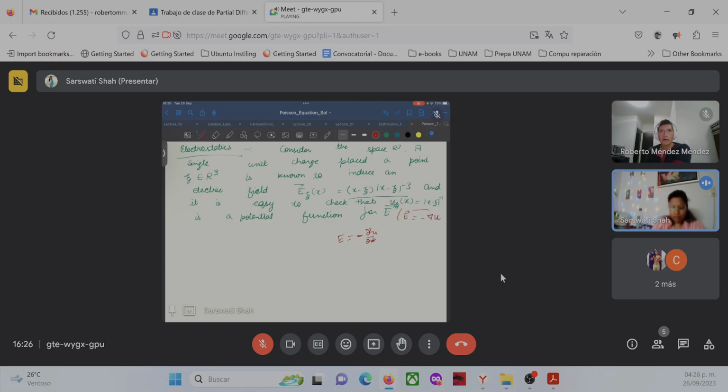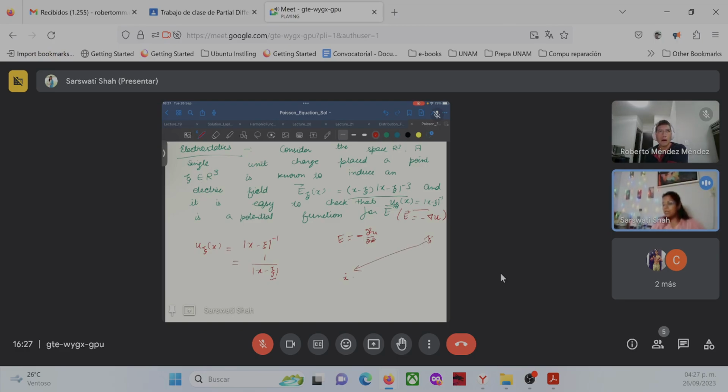Now you have to make one observation. If you define this u(xi, x) as the modulus of x minus xi, inverse, then you can write it as 1 over the modulus of x minus xi. I say that this xi is a point in R3 coming towards x in space, and the charge is at this xi and it is coming towards x.